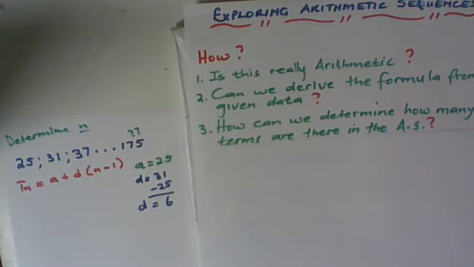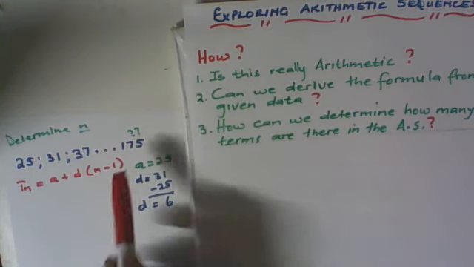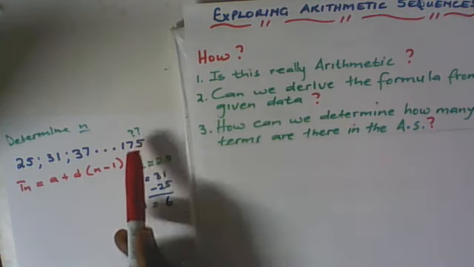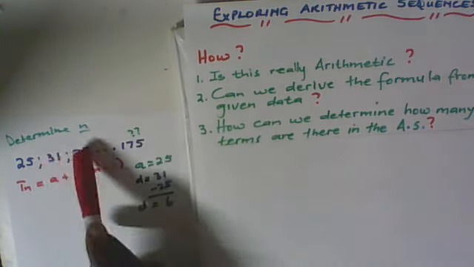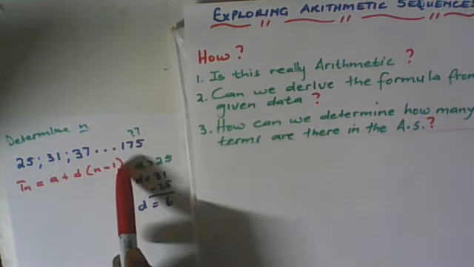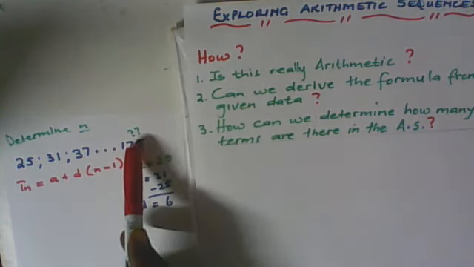So what do we do? We take the general formula, then let's substitute. Tn is what we need to find, which term of the sequence this is.